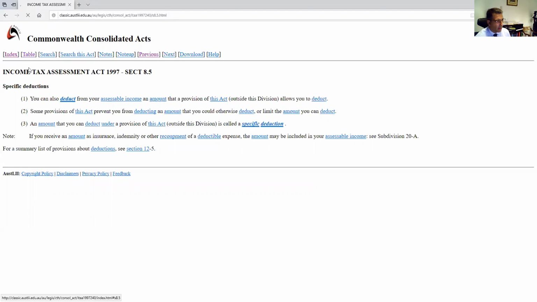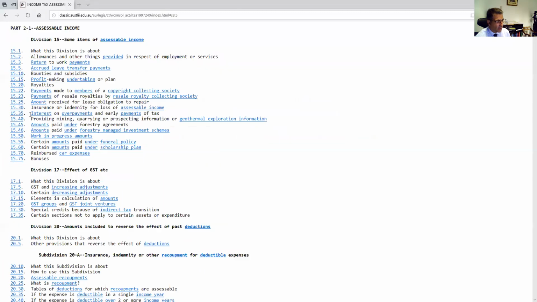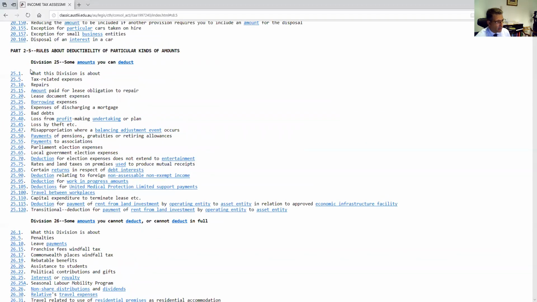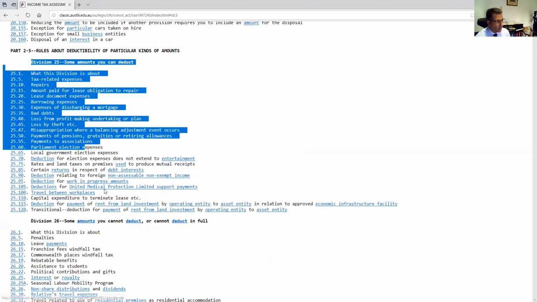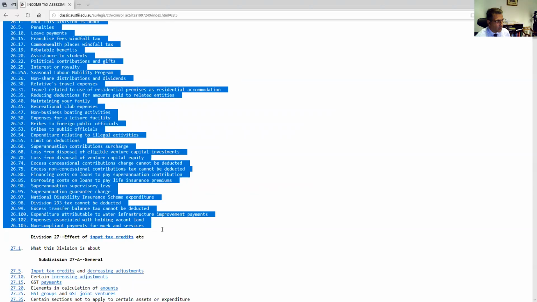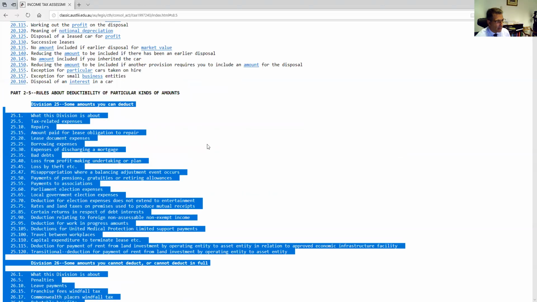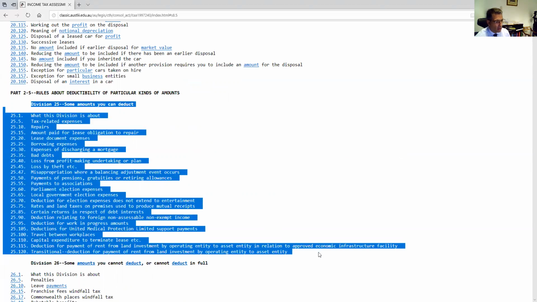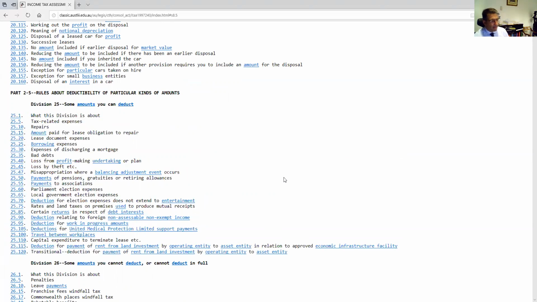And that takes us very efficiently, as the PowerPoint slides do, to Divisions 25 and 26 of the Act. Division 25 is the amounts you can deduct. And what the slides do is they just touchstone, not all of these sections, but some of these sections.